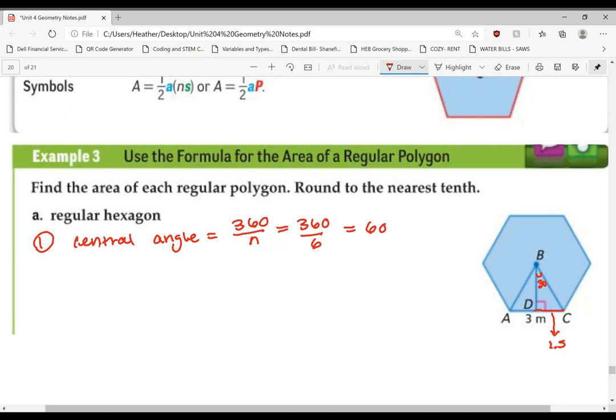So triangle BDC, which is that little triangle, is going to be 30-60-90. Sorry, those are 30 degrees, 60 degrees, and 90 degrees, with a shorter leg that measures 1.5.